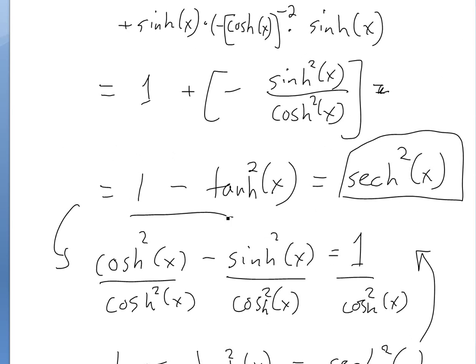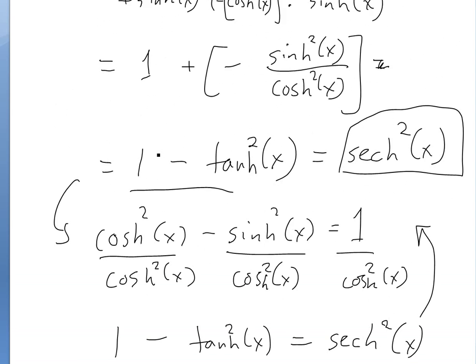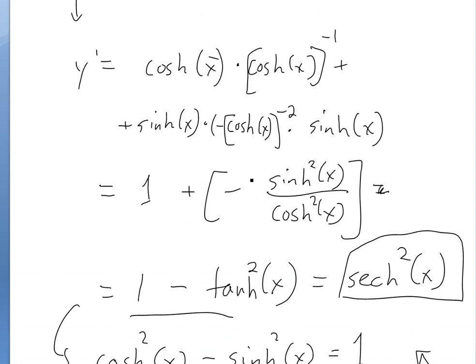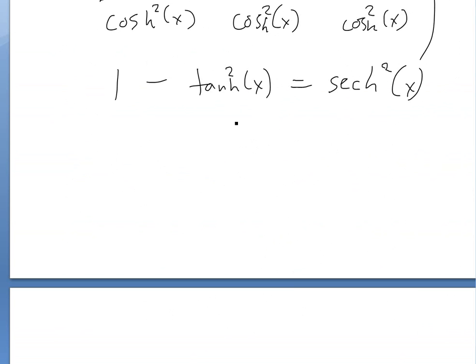So yeah, this is similar to the trig. Basically, to summarize it, I'll just write it up here. For tanh, the derivative is right here. So if you have, let's say, y equal to tanh of x, the derivative is equal to sech squared of x.